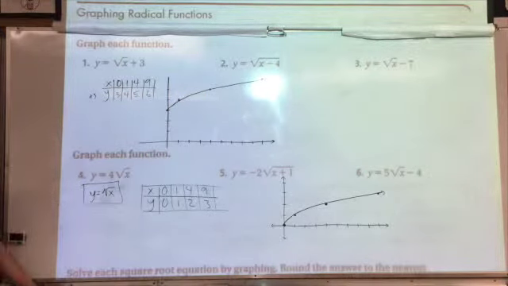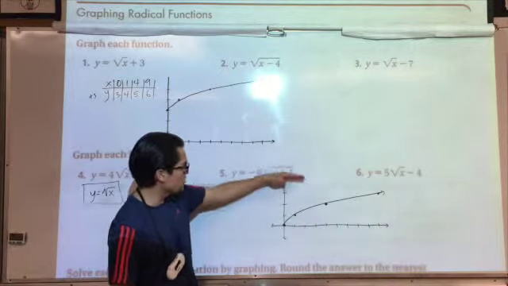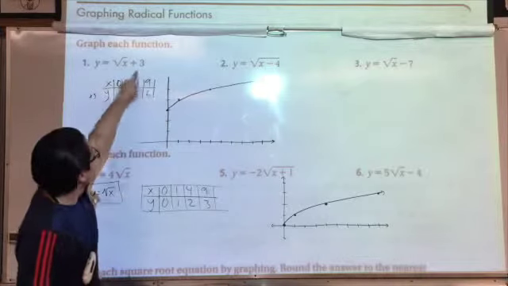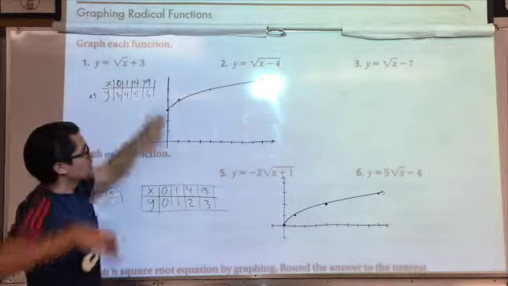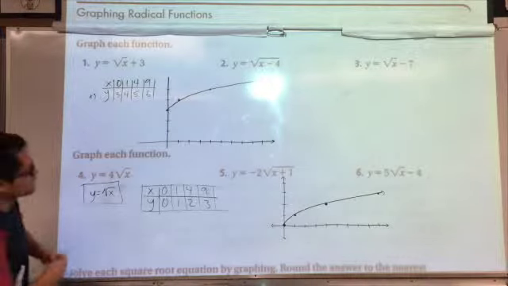There it is, my new graph. So if you compare it to the parent function, all that happened to it is it moved up by 3. That's what it's telling me to do. Vertical translation up 3.